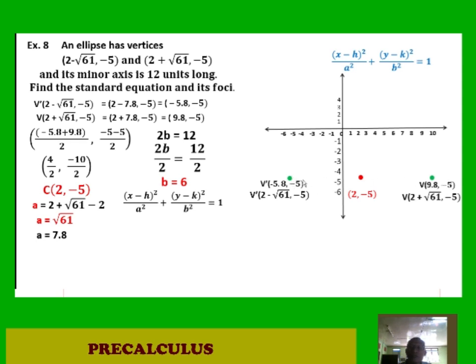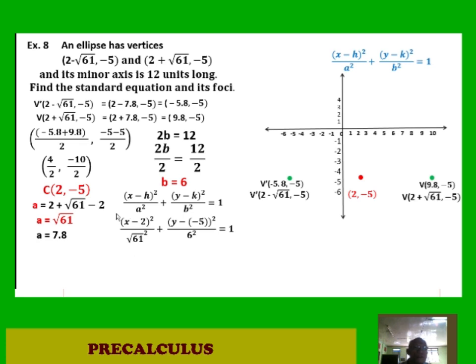This orientation of the points indicates that the type of the standard equation of the ellipse is type 3. We will substitute h, k, a and b. So h is 2, k is -5, a is square root of 61, b is 6.